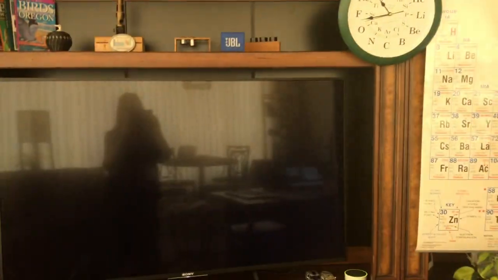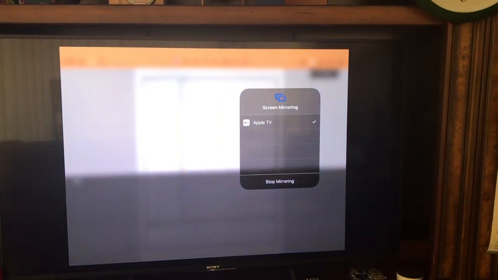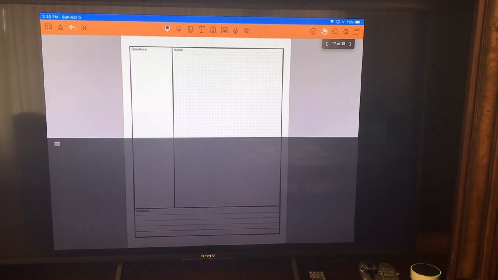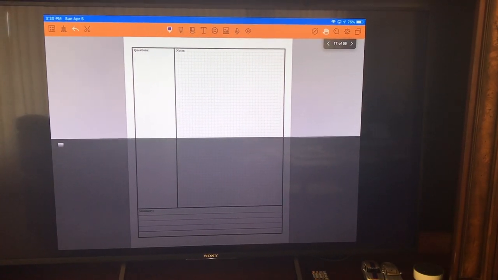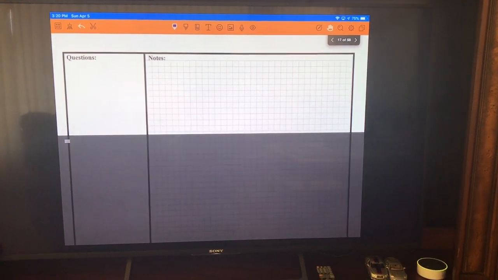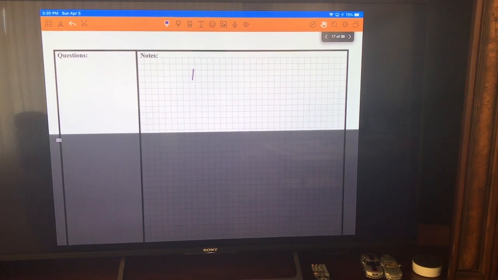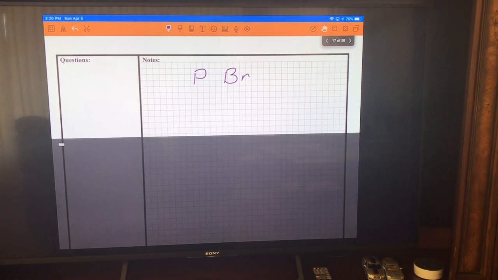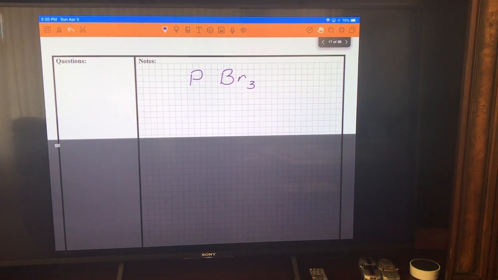All right, we're just about there. Okay. So this particular compound that we're going to start with is going to be with phosphorus and bromine. And there's going to be 3 of those bromines.